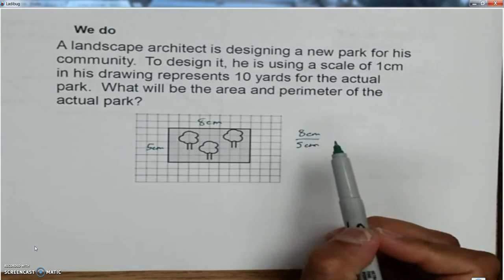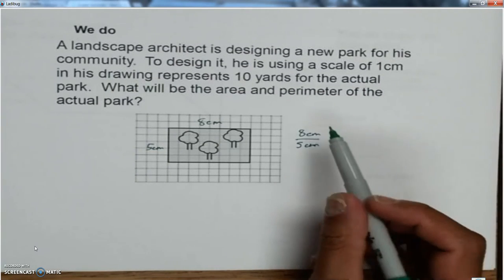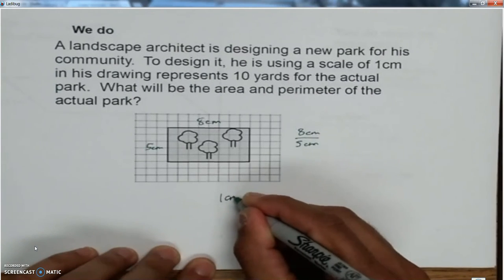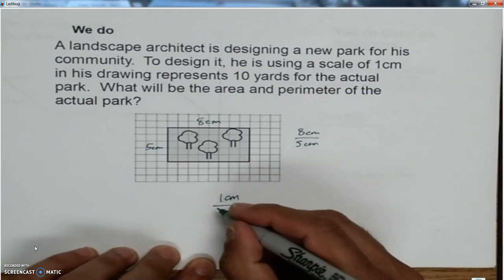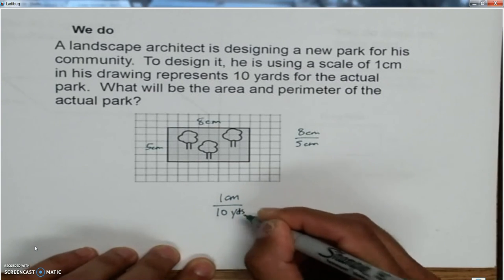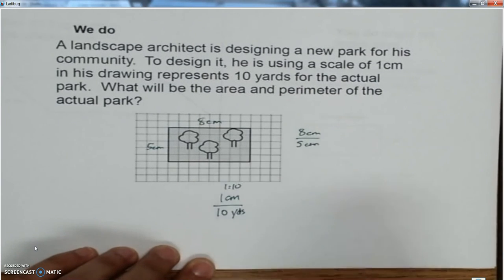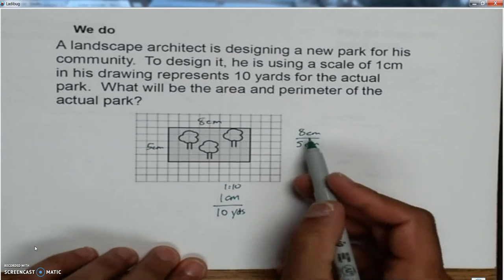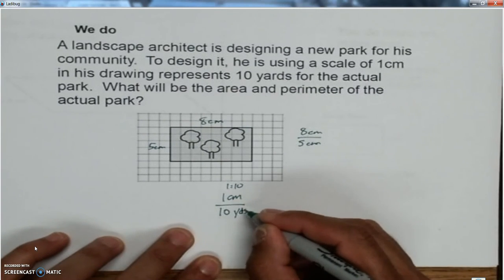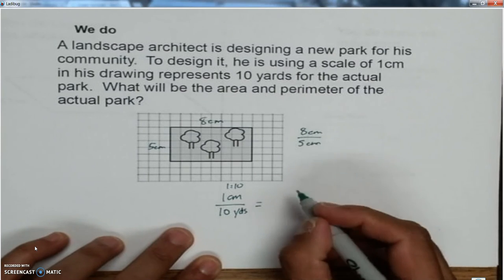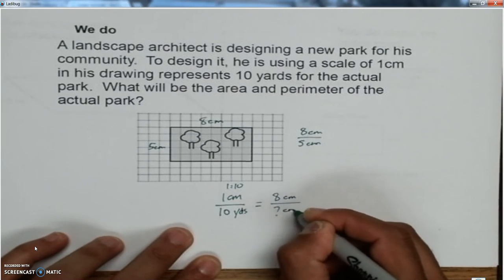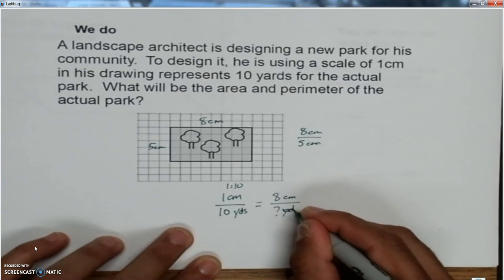And we said here, we want to change this: 1 centimeter in the drawing is proportional to 10 yards in the actual park. So it's like a 1 to 10 ratio. So I'm going to take my 8. We did this yesterday, so if that's my original ratio for my 8 centimeters in the drawing, how many yards would that be in real life?